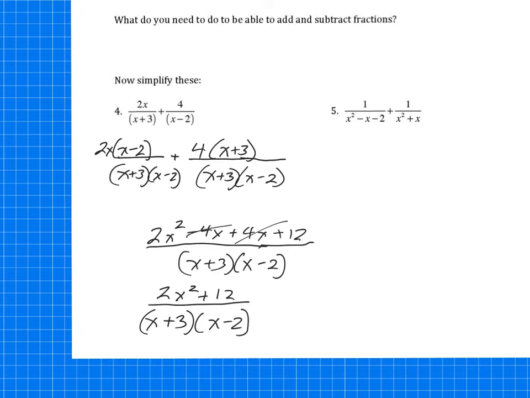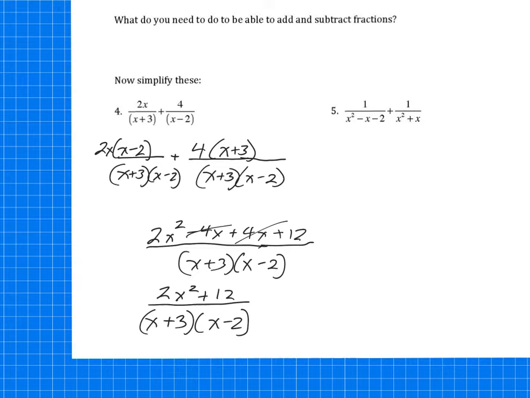Now, on a test, I may tell you how I want to express it. But one thing that we should always do before we're totally done is check whether we can factor the top.